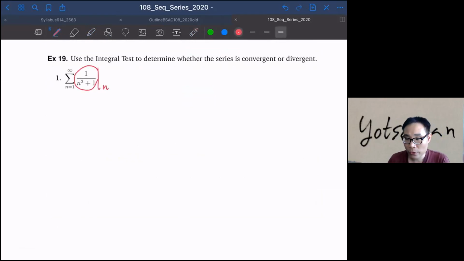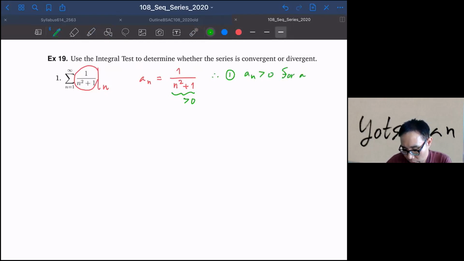So you have an equal to 1 over n squared plus 1. You see that this is always positive. So you're going to check the first one, that you have an positive for all n. Okay, so this one takes care of the positivity.